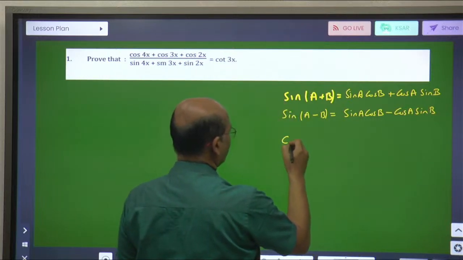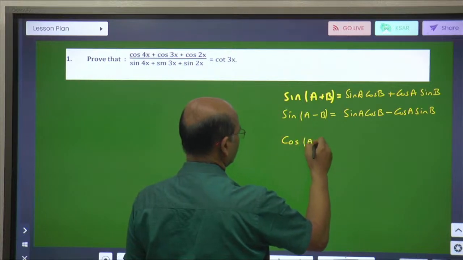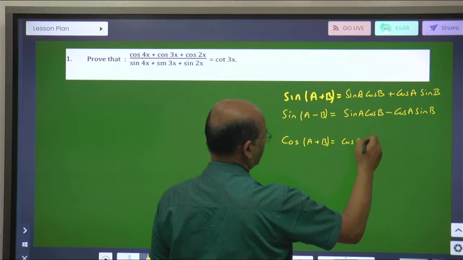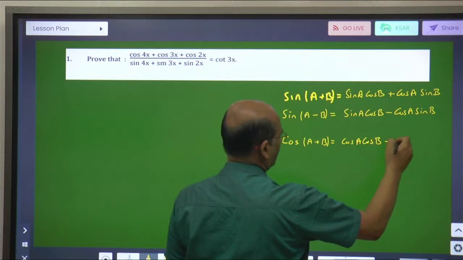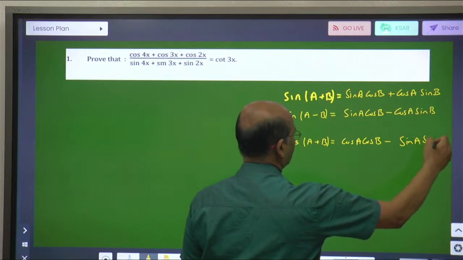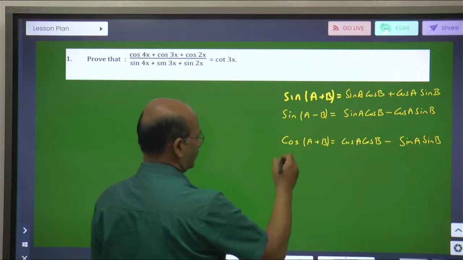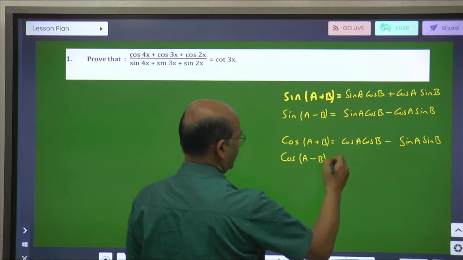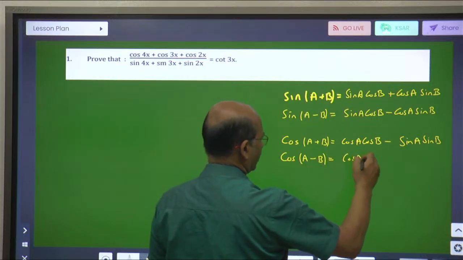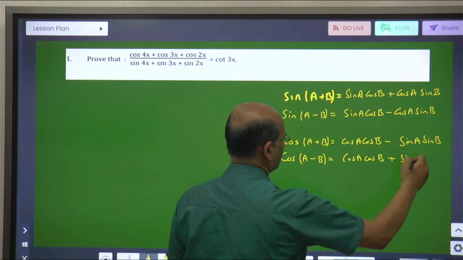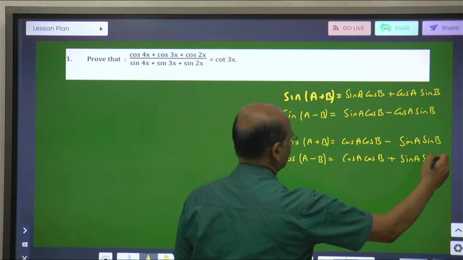Then cos(a+b) is equal to cos a cos b minus sin a sin b, and cos(a-b) is nothing but cos a cos b plus sin a sin b.